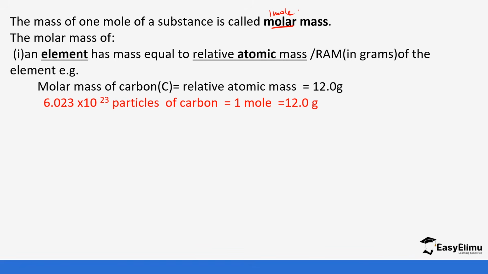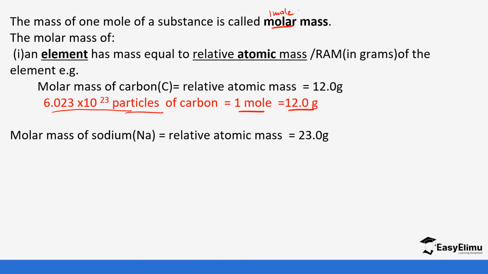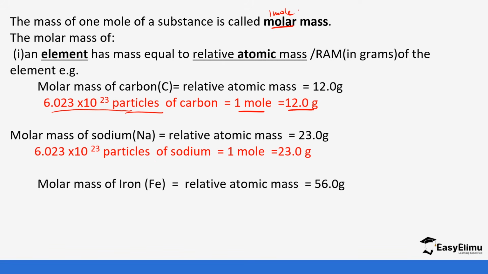So you can see we have equated the number of particles to the mole and to the mass. These three can be used interchangeably, depending on what question you have been given. So the molar mass of sodium is 23 grams, which is equal to 1 mole, which is equal to 6.023 times 10 power 23. And the molar mass of iron is 56 grams, which is equal to 1 mole, which is equal to 6.023 times 10 power 23 particles.